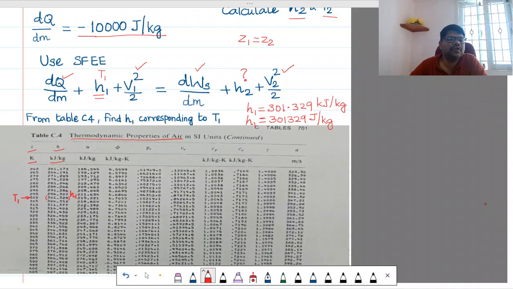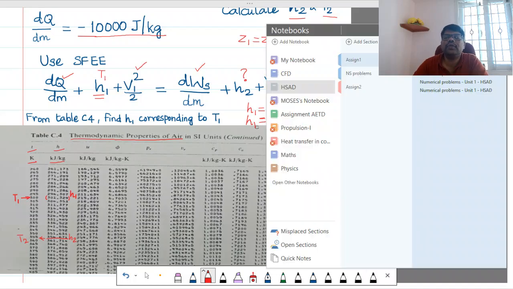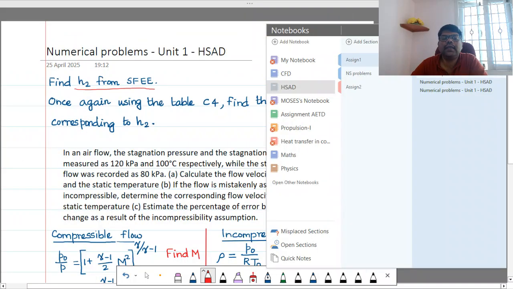I'll find that value and then I'll see what is the value of T2. For example, if the value of H2 is 356, then I will find out what is the corresponding value of T, that is the value of T2. So in this way, I can find out the value of T2 and H2 for the given question.